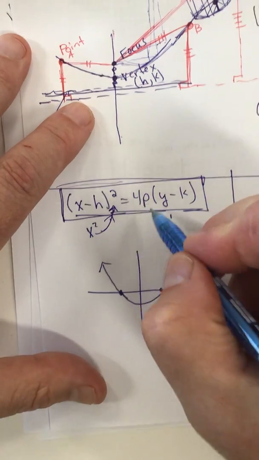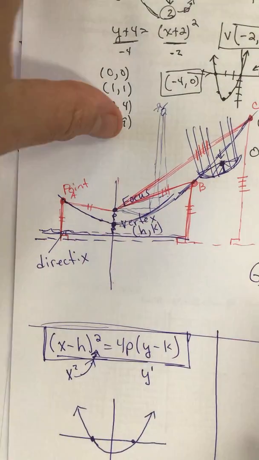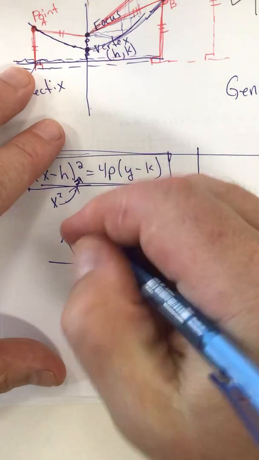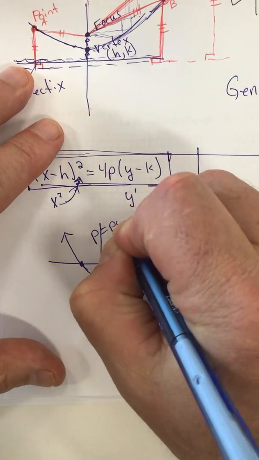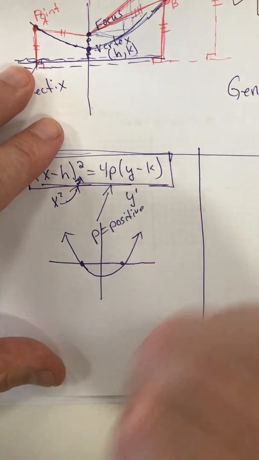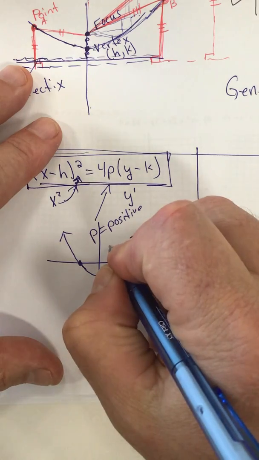This P is going to have something to do with the focus, and I'll show you what that does in a minute. But if this P number is positive, then it's opening up.